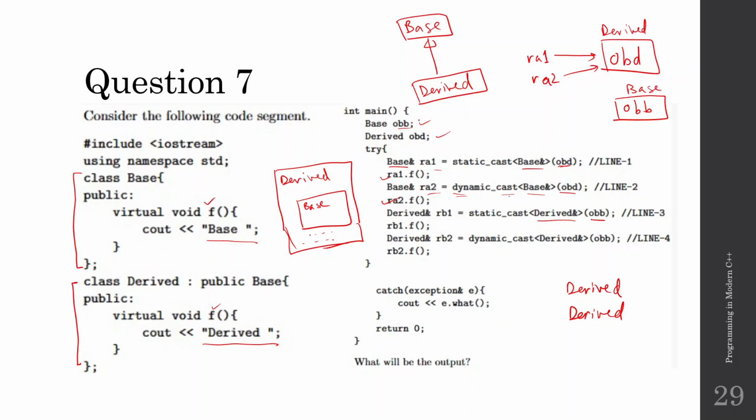So remember OBB is of a base type, and we are converting it to a derived type reference. Now this type conversion is probably not correct to do. If you have to do it, then you should think twice, or you should reinspect your code. This is probably not correct because it does not make logical sense.